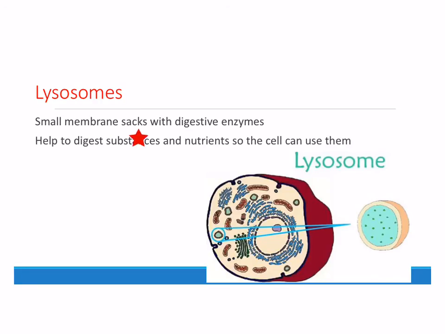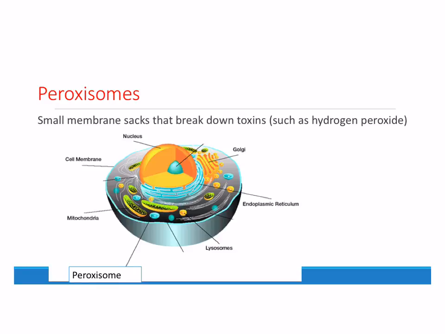Another membrane sac is a lysosome. A lysosome has digestive enzymes inside. This is how cells digest their food, their nutrients, or sometimes other substances that come in. This is how they are digested. So this little lysosome, which is shown here, has digestive enzymes inside. Another membrane sac is a specialized one called a peroxisome.